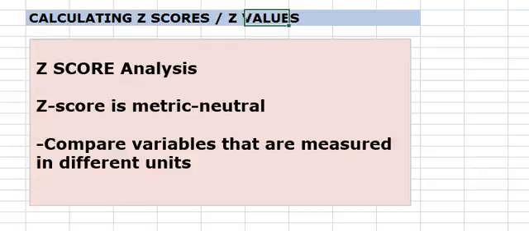So we can compare variables that are measured in different units. For example, we calculate the z-score of the price in US dollars of a house. We compare that z-score to the z-score of the house's square footage. And we may detect a score that indicates that one of those variables is common or one of the variables is atypical.